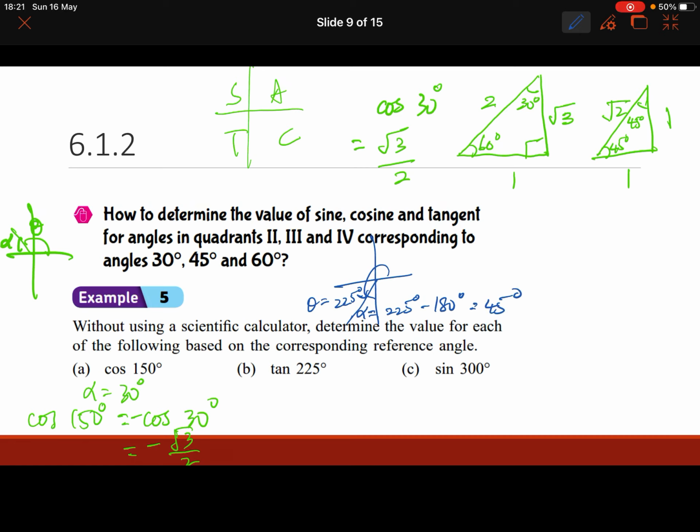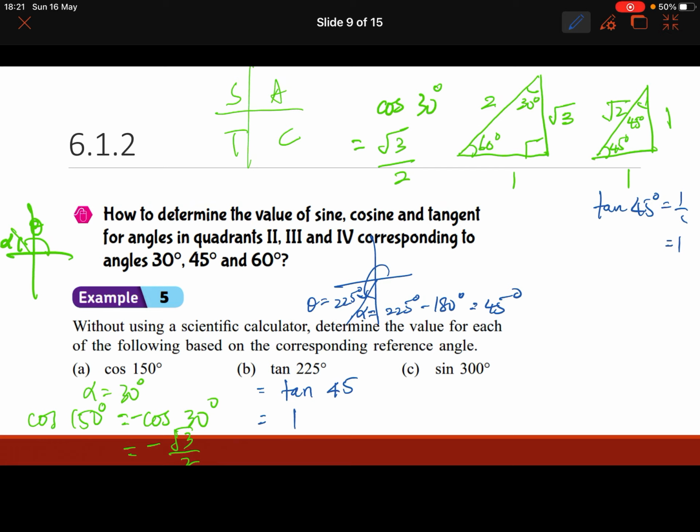Tan in the third quadrant is positive, so tan 225 equals tan 45. Tan 45 equals opposite over adjacent, 1 over 1 equals 1.